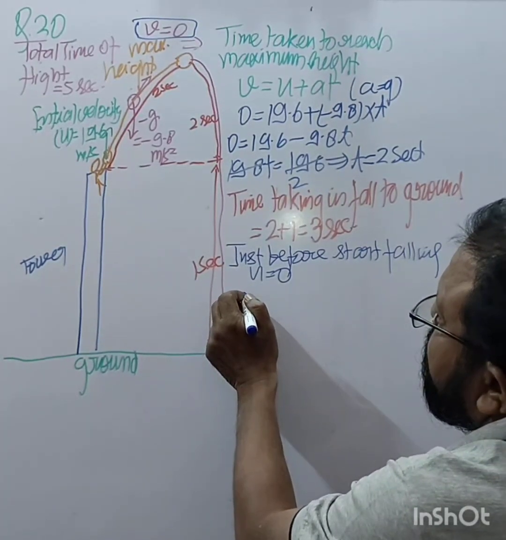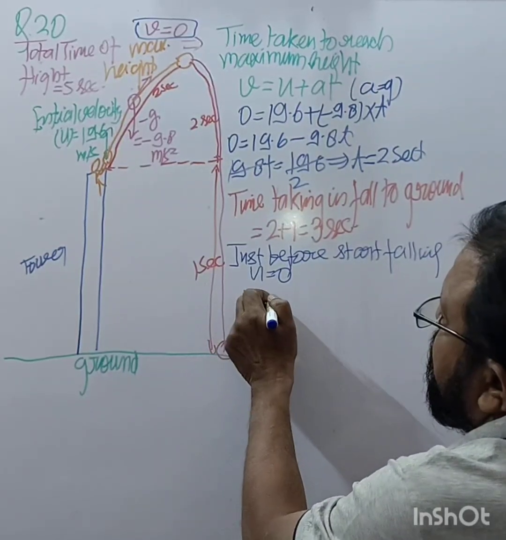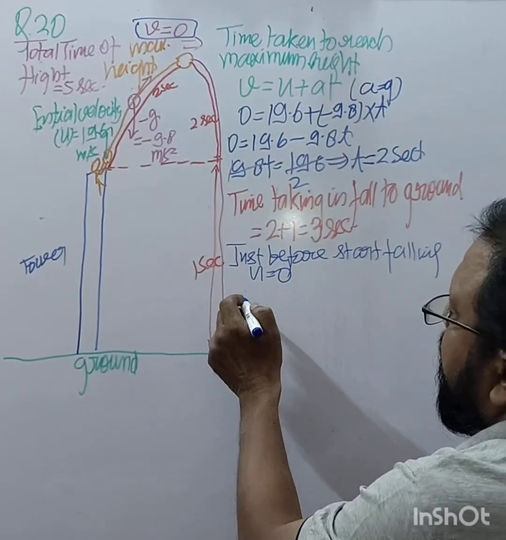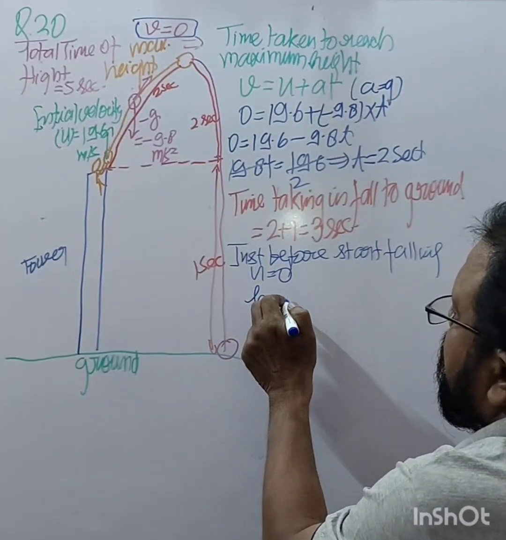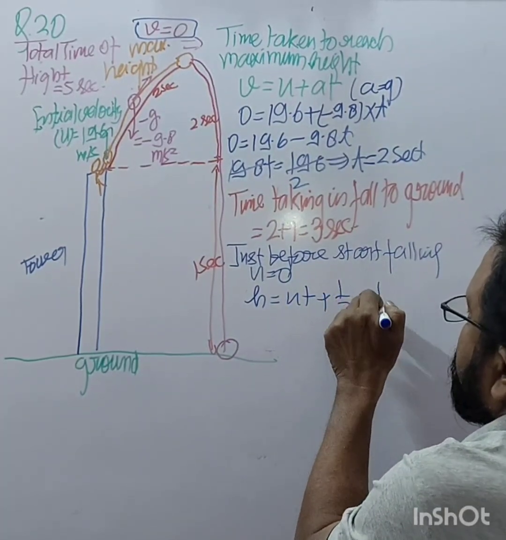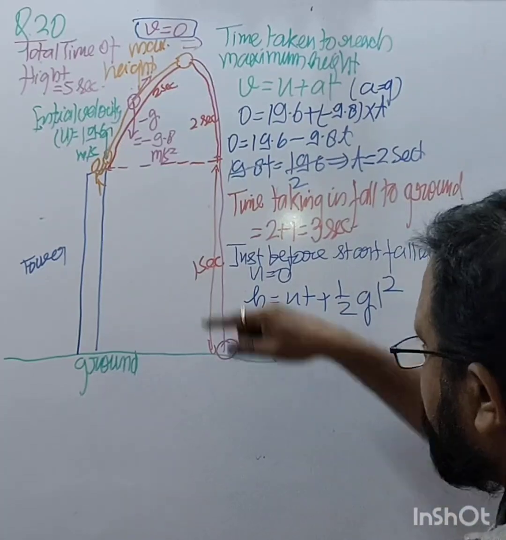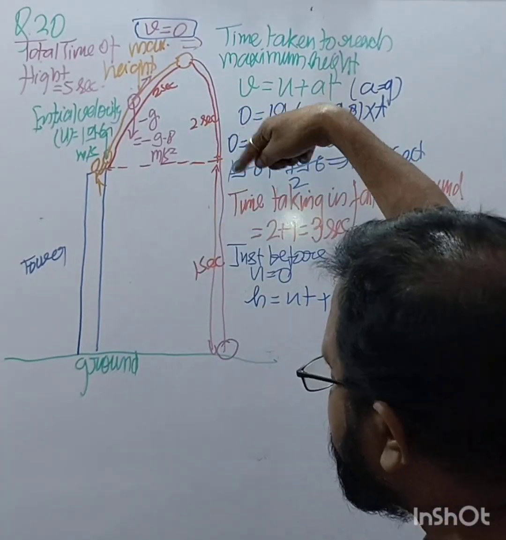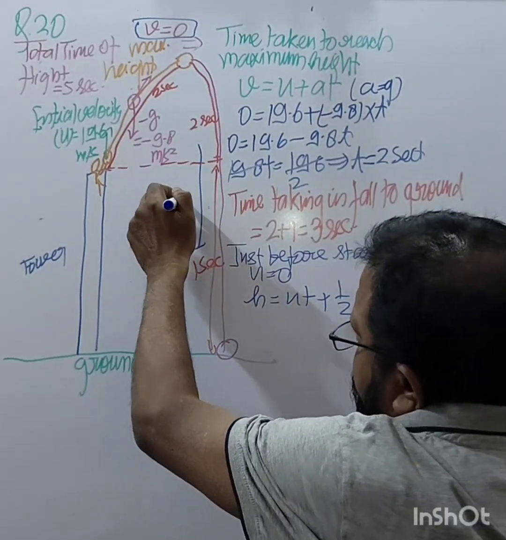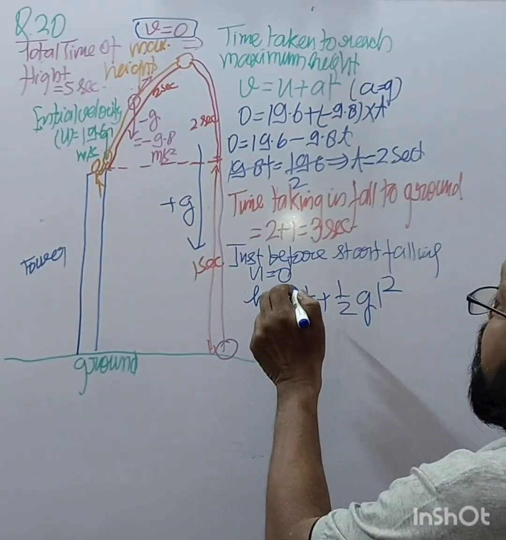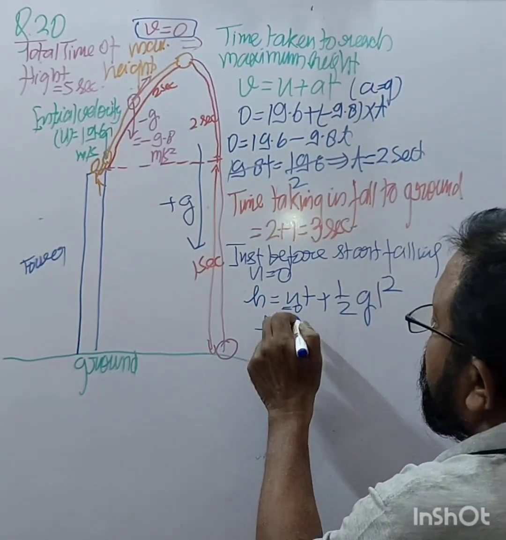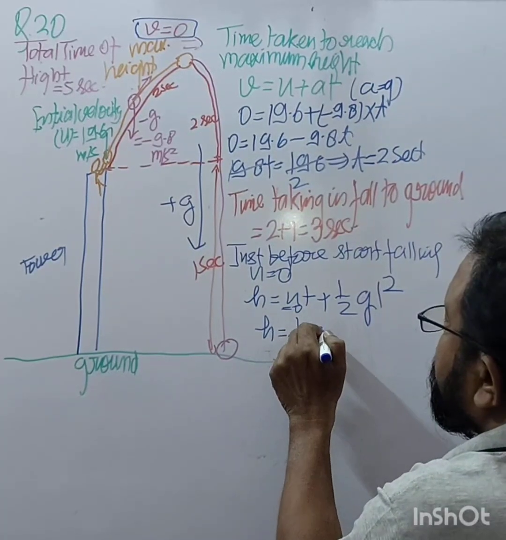So h is equal to ut plus half at square, half gt square. When it is falling like this, then plus g, and u is 0. So h is equal to half gt square.